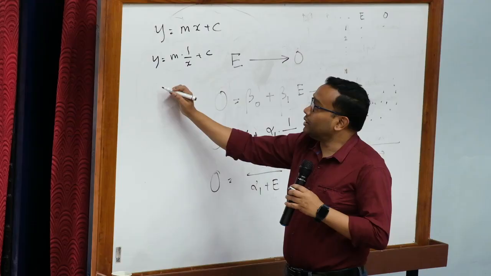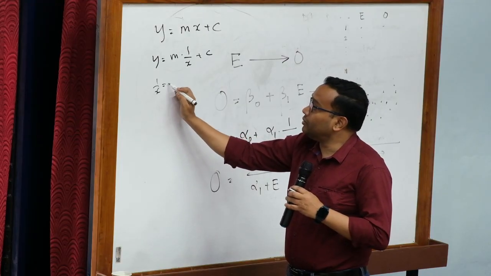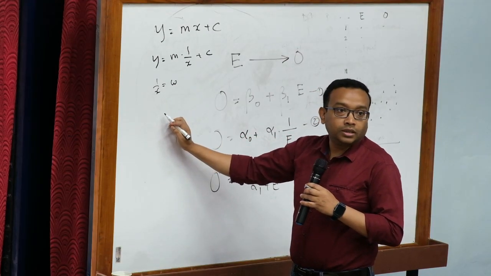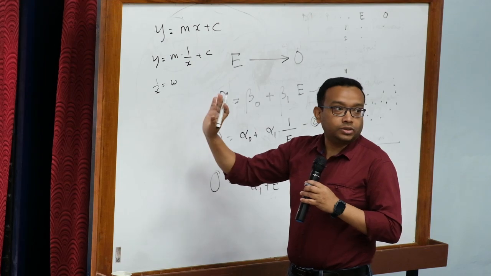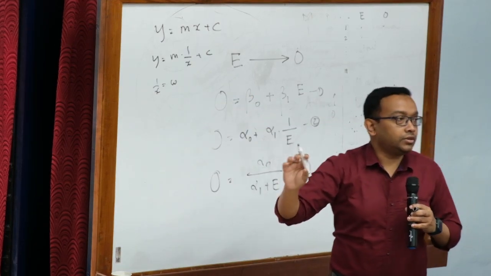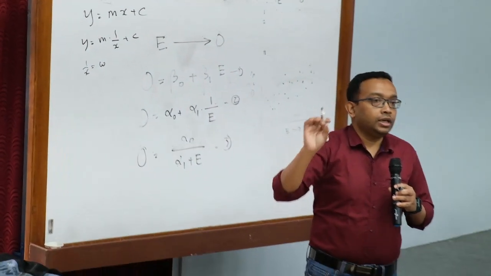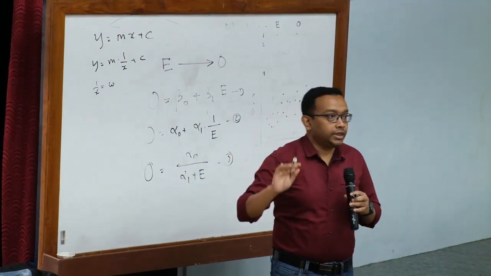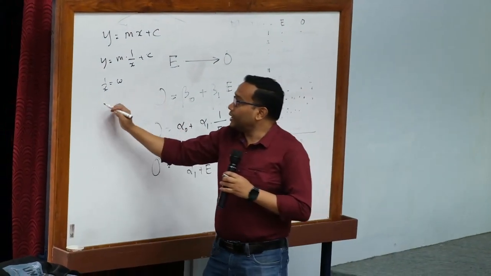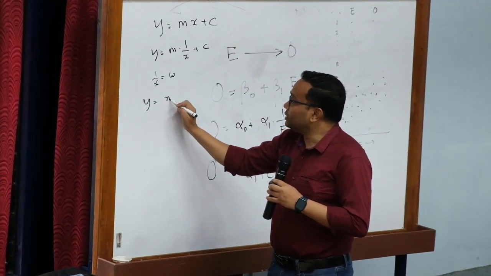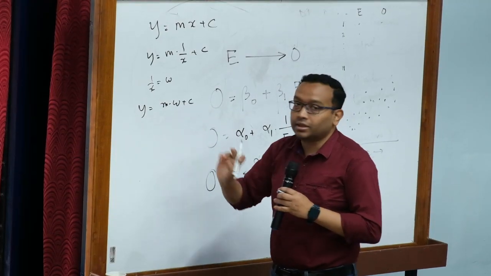Let's assume that 1 by x equals some w. You can do that, right? So 1 by x is a variable. You have the values of it from your data. You can construct another variable which is 1 by x. So if I write it now, y equals m times w plus c. Is this linear or not?